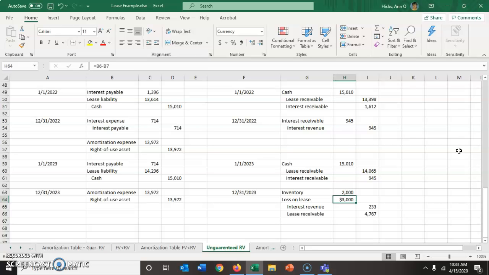It ended up only being $2,000. Since it wasn't guaranteed, Connor Corporation takes the loss, and therefore you see the debit to the loss on the lease. If the inventory had retained its value, then everything would have been fine. There would have been no loss, and we would have seen a debit to inventory of $5,000. But in this example, I wanted to show what would happen if indeed the inventory did not retain its value.